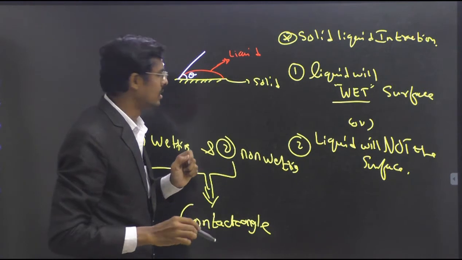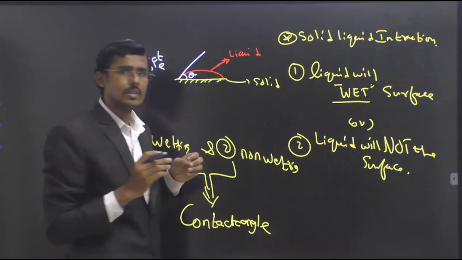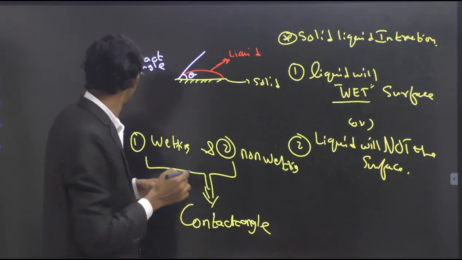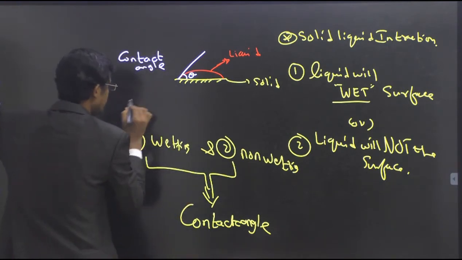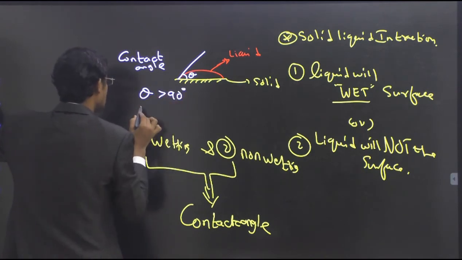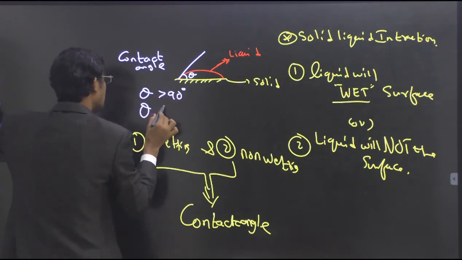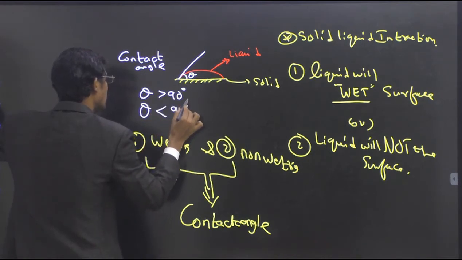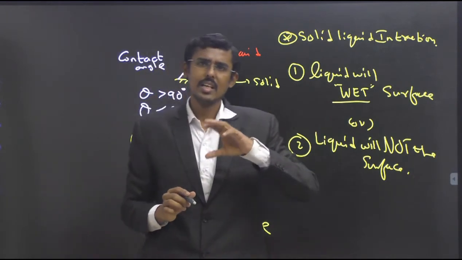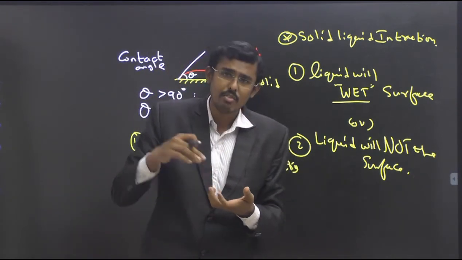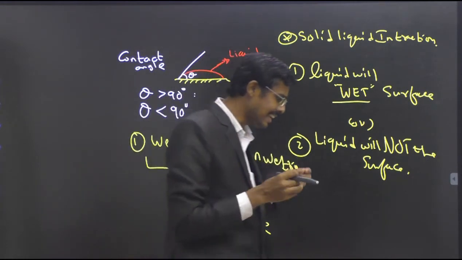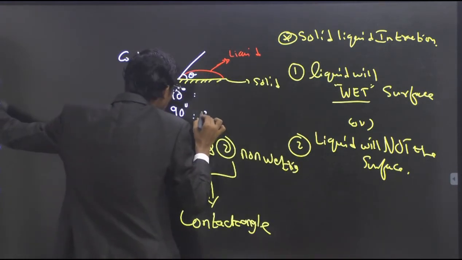This contact angle can be greater than 90 degrees or less than 90 degrees. If the contact angle theta is greater than 90, what happens? And if the same contact angle is less than 90 degrees, what happens? In our case, if it is greater than 90, it is not getting a flow, it is fixing there. It should be less than 90 degrees. If it is less than that, it gives good wettability.